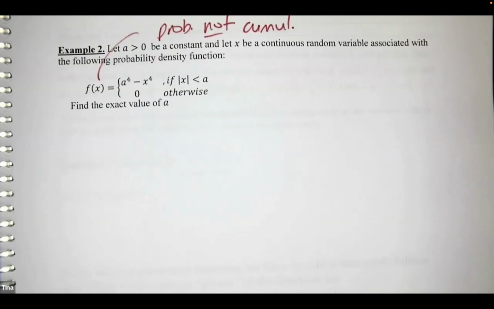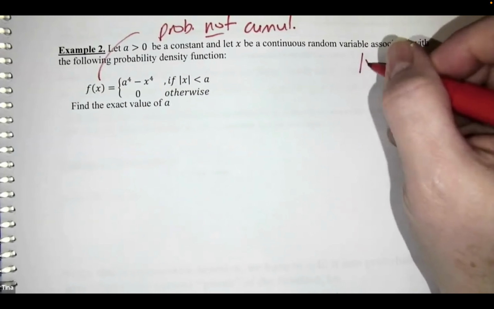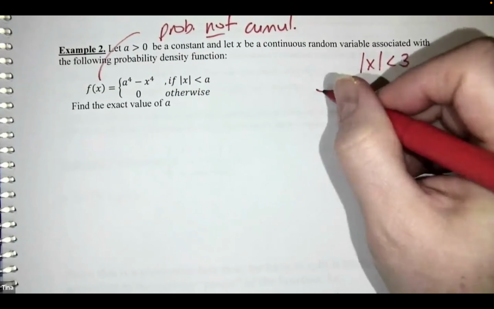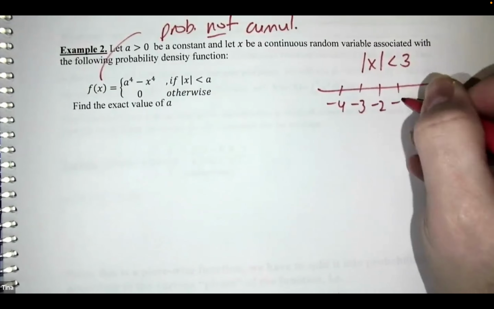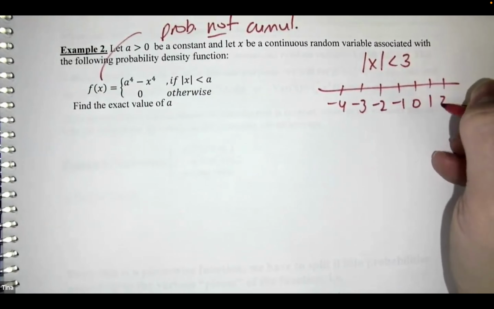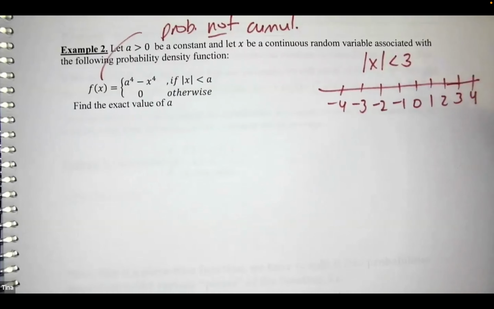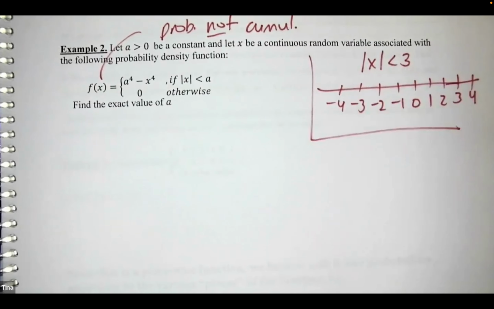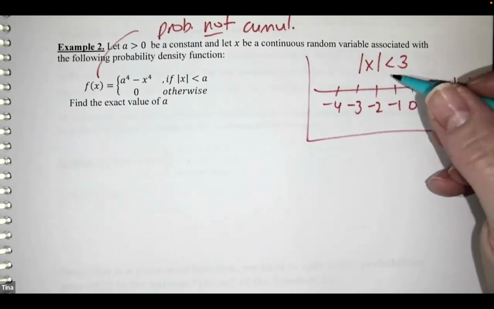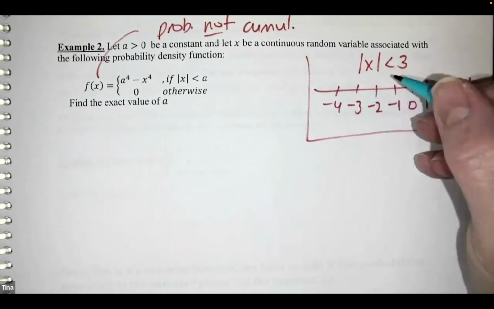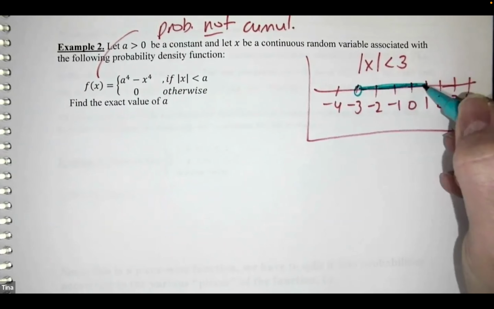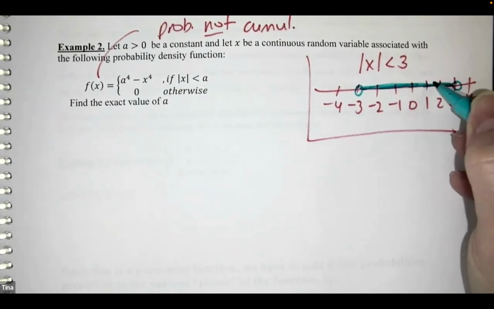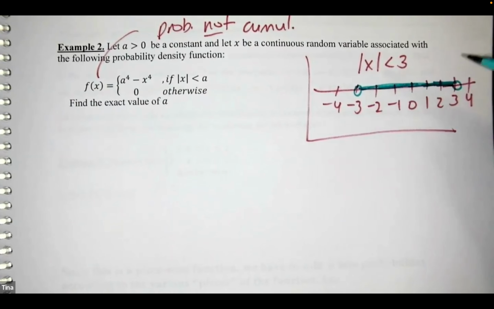So if you think about, let's say you had absolute value of x is less than 3. Do you remember that that means, in terms of a number line, this is just kind of an aside, that any value from negative 3 all the way to positive 3, except not equal to 3 or negative 3, would work?